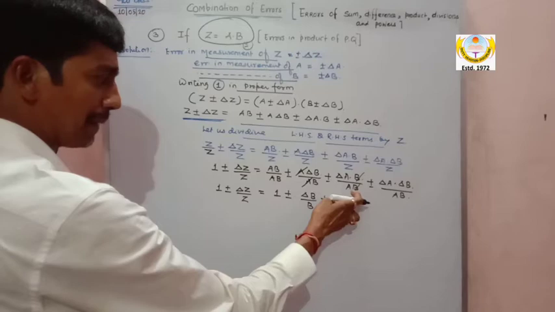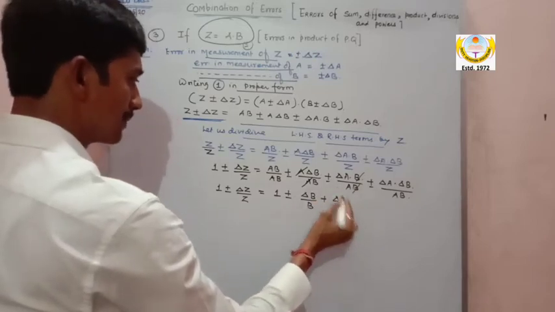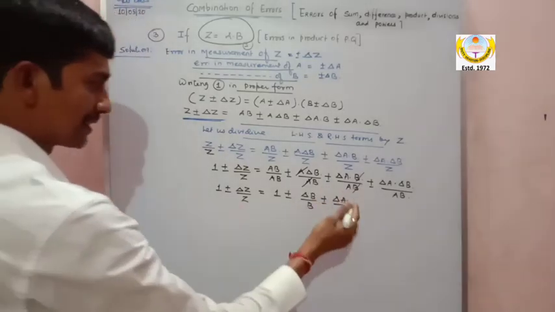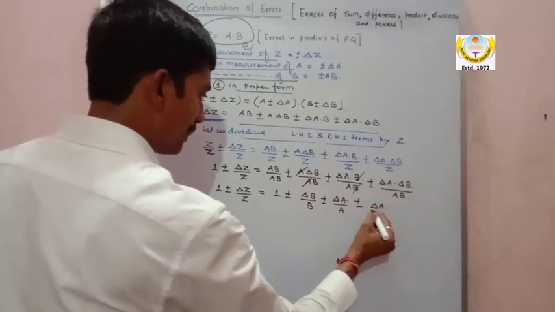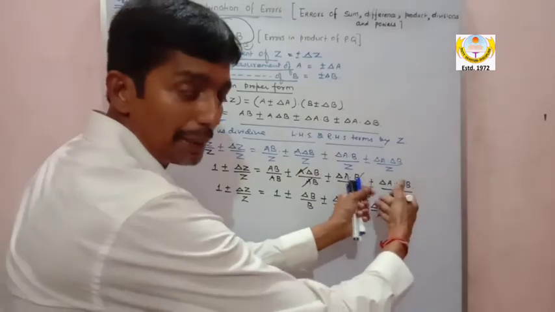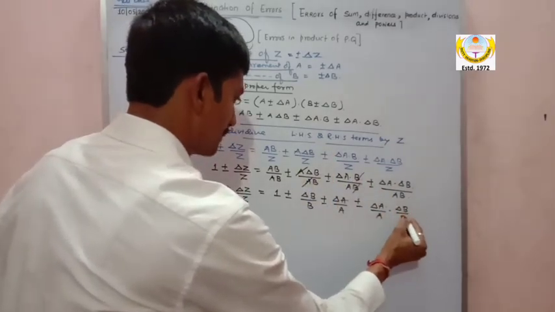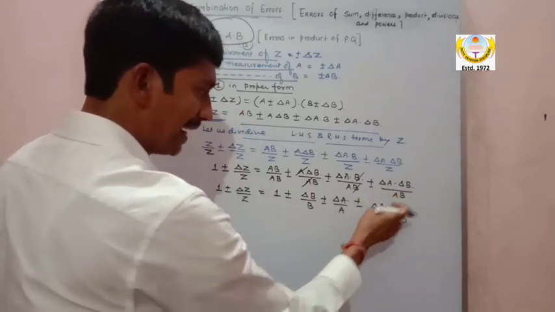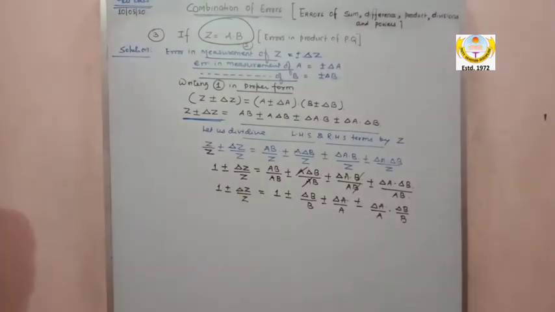So B cancels by B, and this will give me delta A by A, plus minus, and here it is plus minus delta A divided by A. I have separated the multiplications into delta B by B, delta A by A with A and B with B. I hope you are getting it.